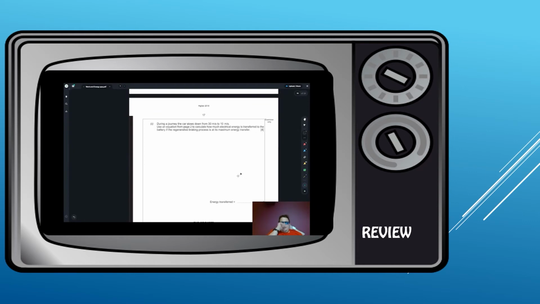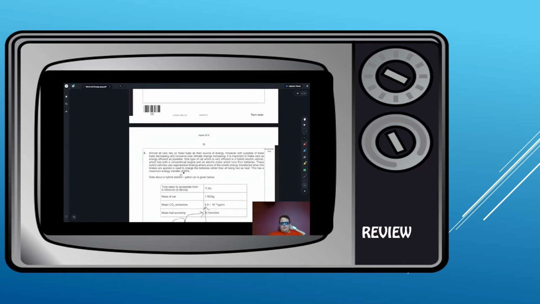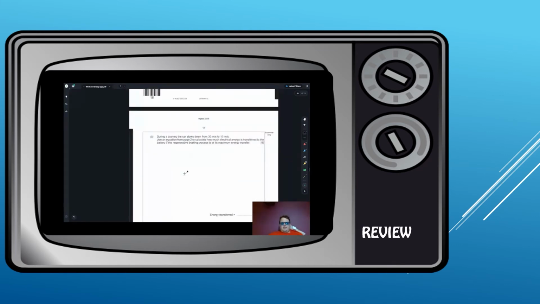During the journey, the car slows from 30 to 10 meters per second. Using the equation from page 2, calculate how much electrical energy is transferred to the battery if regenerative braking process is used at its maximum energy transfer. So the maximum energy transfer is 60%. So if we work out how much energy is being wasted, okay, now we can't just do the 20 squared and work out what the energy is there.